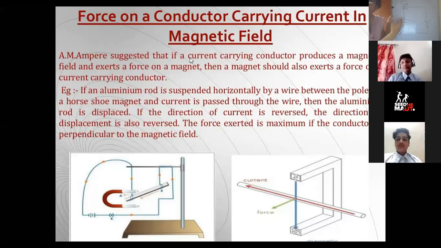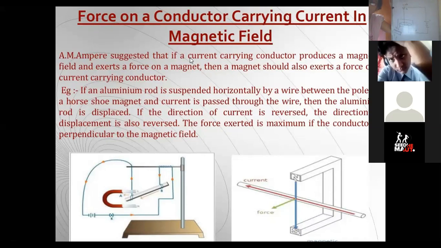Once we make the current flow through the conductor, it will create a magnetic field, and when there is interaction between the two magnetic fields, the magnet will exert a force on the current carrying conductor, and because of that force, this conductor AB, which is free to move, comes in motion, right?